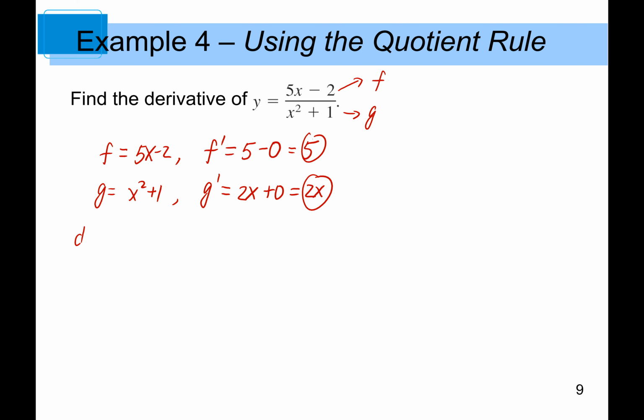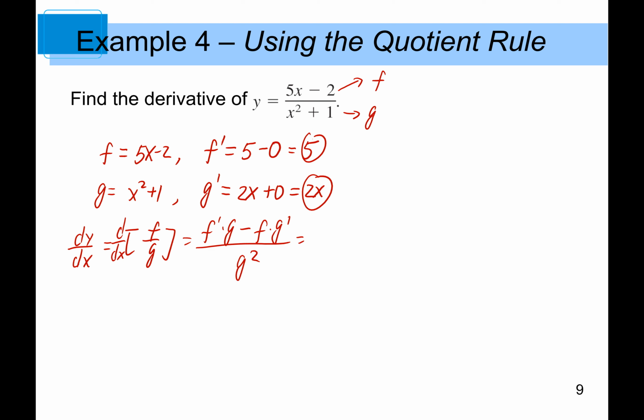So the derivative dy over dx equals d over dx of f over g, right? It's a quotient. So we have f prime times g minus f times g prime, divided by g squared.